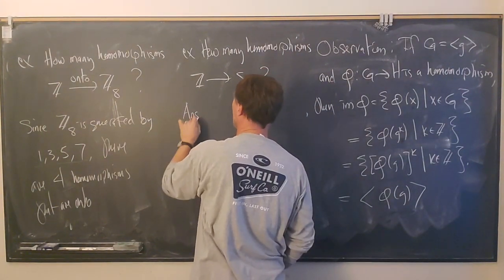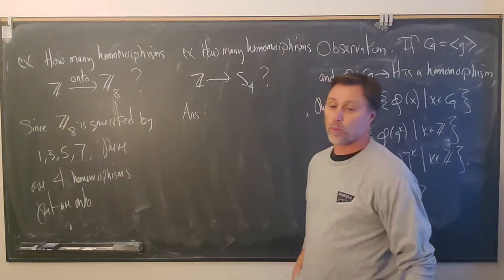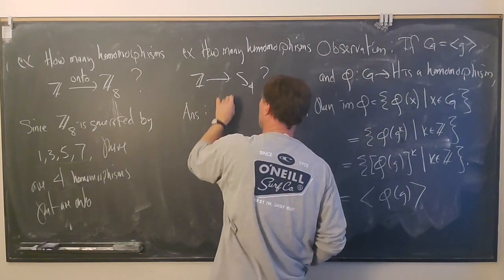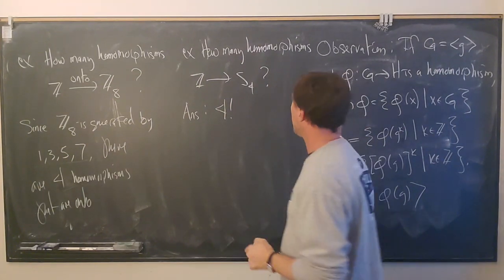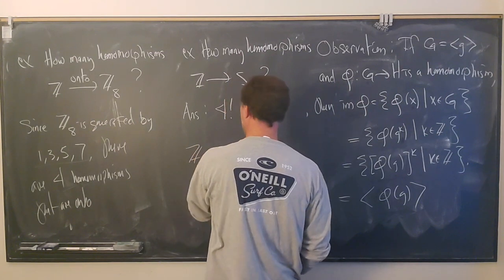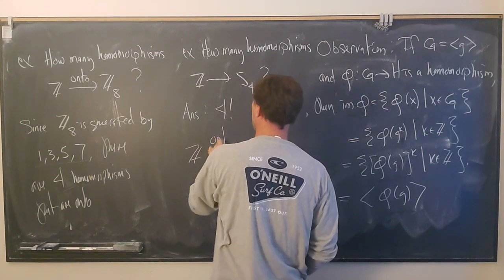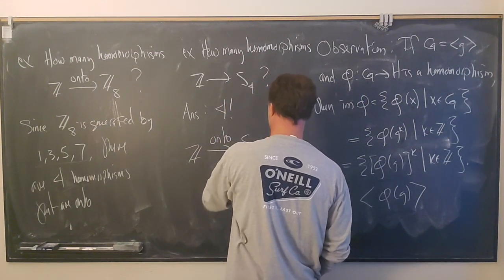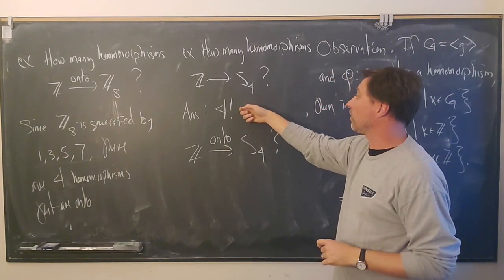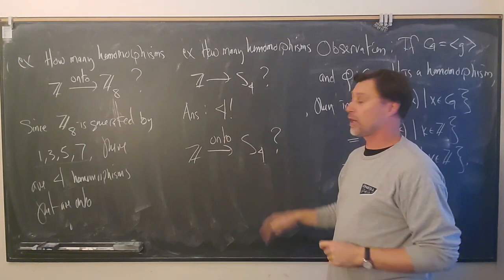Well, there's exactly one homomorphism for every element of the codomain, and so the answer is 4 factorial. Now let's modify the question. Of those 4 factorial homomorphisms from Z to S4, how many are onto?